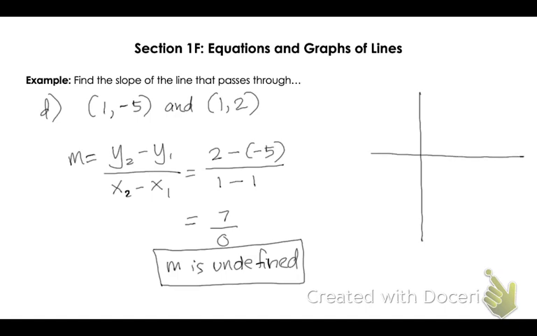I need the point (1, -5): 1, 2, 3, 4, 5. We'll plot that point, and then the point (1, 2).